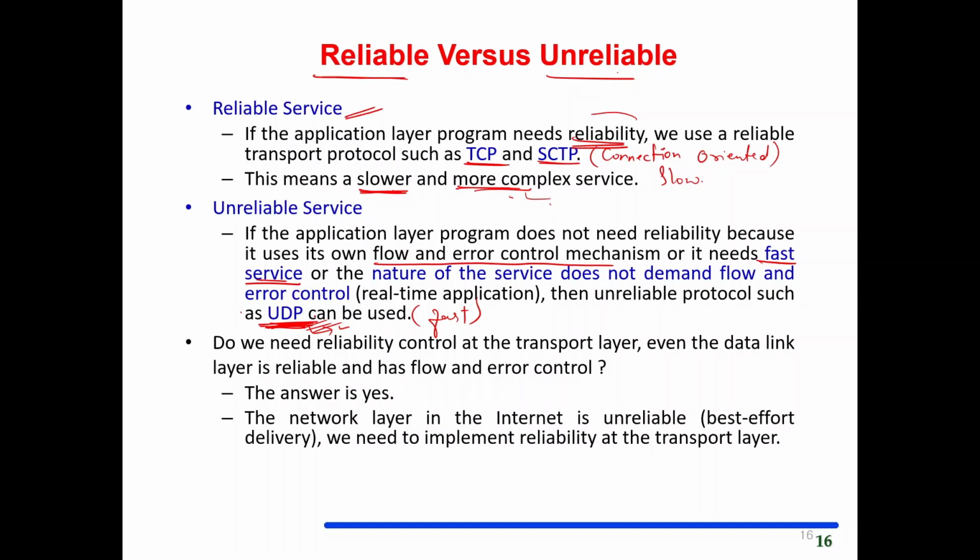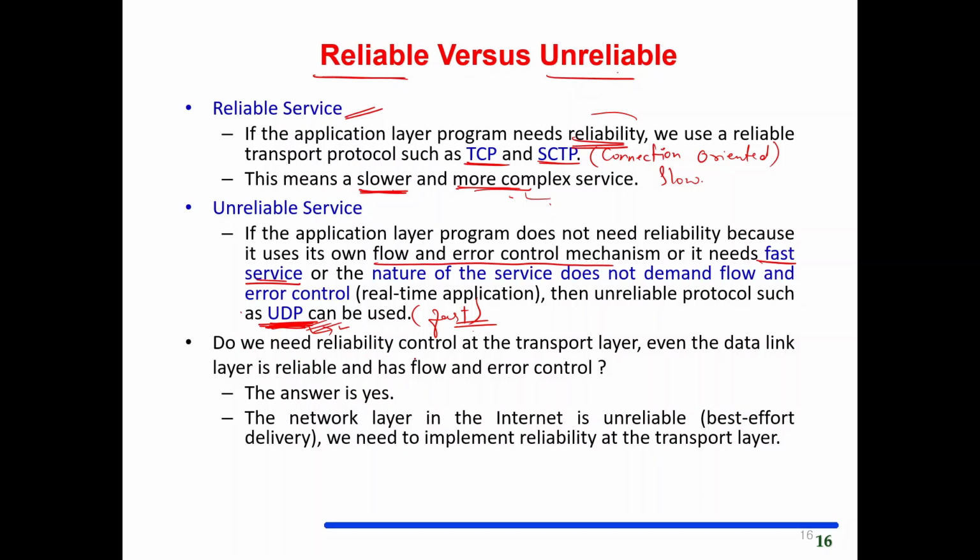Compared to TCP and SCTP, UDP is less reliable, but still we use it because sometimes we want fast communication, and for that purpose we use UDP.